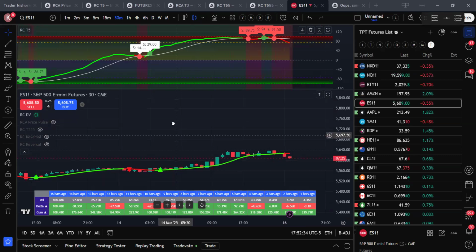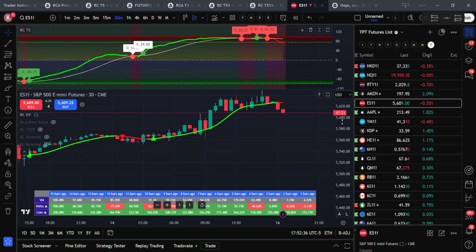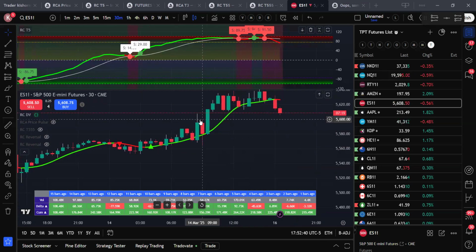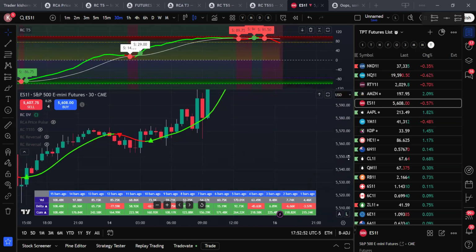So basically in the market, you have buyers and sellers. Sometimes by looking at the candles, it is not very clear who has the control, whether buyers or sellers, or sometimes you see green candle, red candle, green, red. You don't know who has full control.